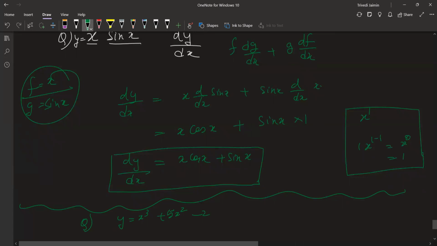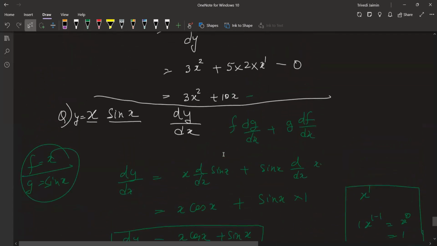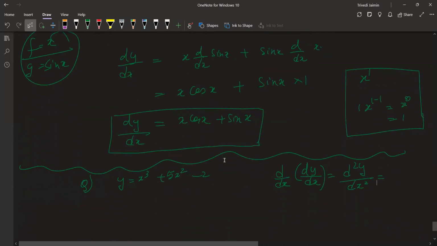Now, if they ask, find out d by dx of dy by dx. That means d square y by dx square. What is the final form we got here? 3x square plus 10x.